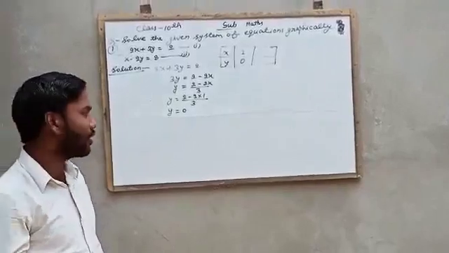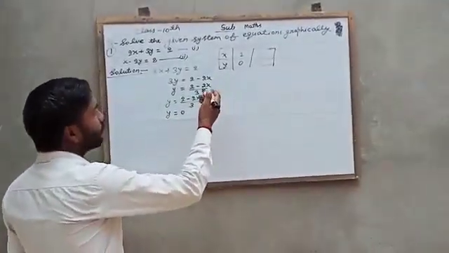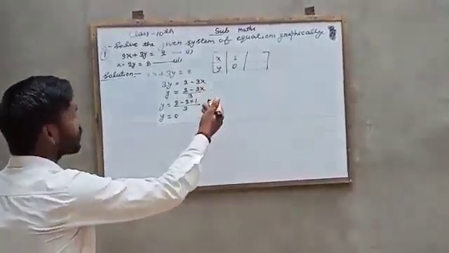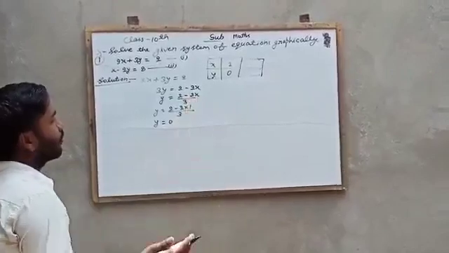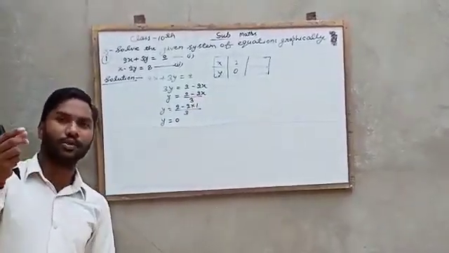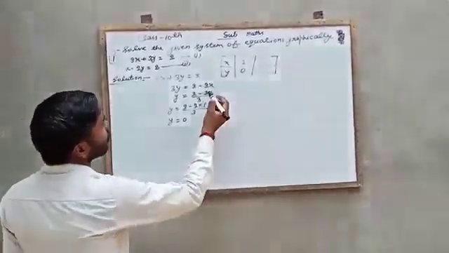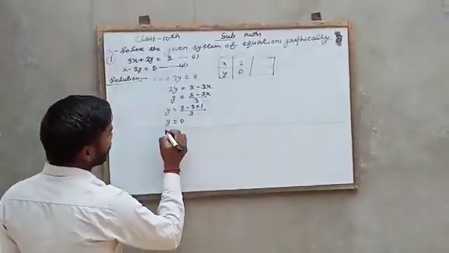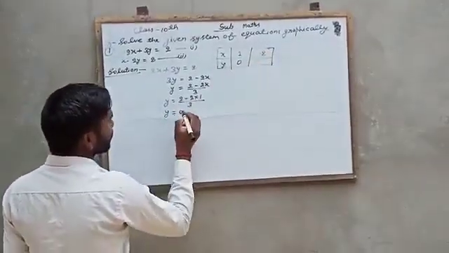Again we will put another value. Like we will put x is equal to 0. No, we need to find some whole number, not a rational number. So we will put x is equal to minus 2. So here x is equal to minus 2.